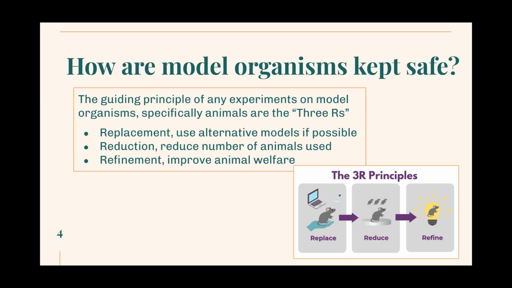The next is reduction, which is simply reducing the number of animals used. So, for example, instead of using 500 mice, a researcher will attempt to get all of their findings with as few as 15 mice. And lastly, it is refinement, which is simply improving the animal's welfare whenever possible in an experiment.